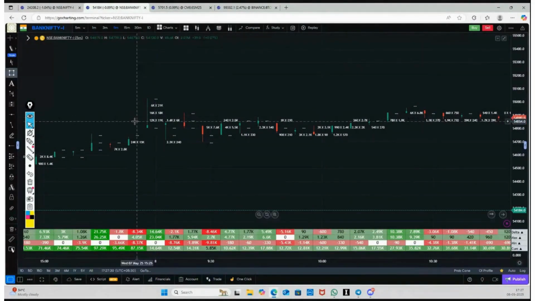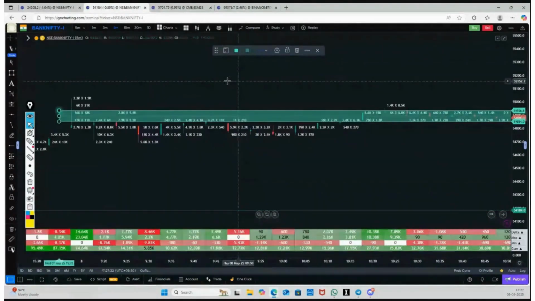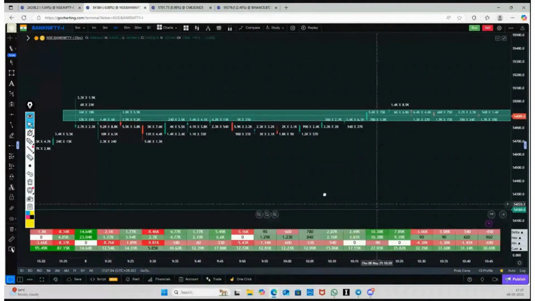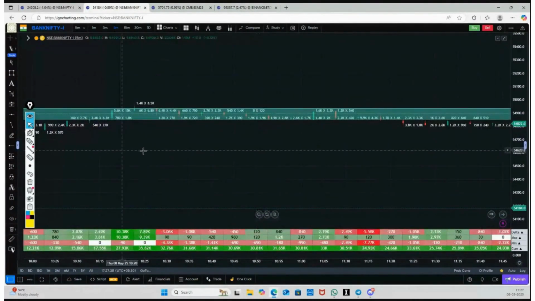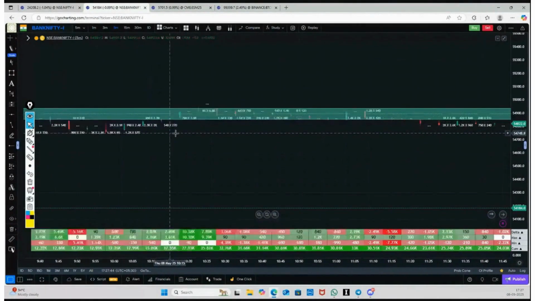If I mark that buying zone, this is the buying zone. Okay. It got stuck at the pullback. They kept getting stuck. There were some buying attempts here as well. Okay, but it only went up once and came back down, so there was no breakout anywhere.